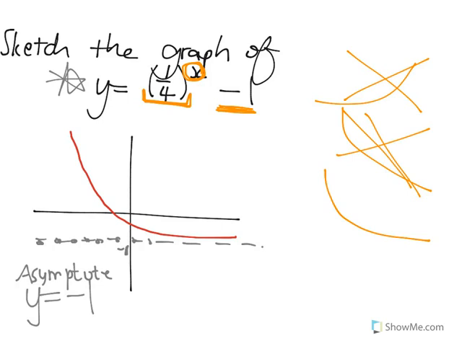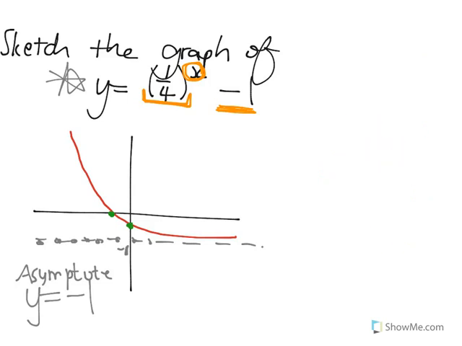And then, of course, we want to figure out the coordinates of the x-intercept and the y-intercept. So let's clear up some space over here. For the x-intercept, we know that the y coordinate is 0.